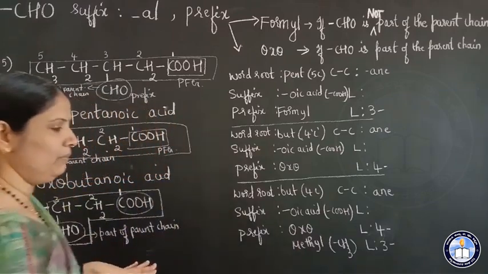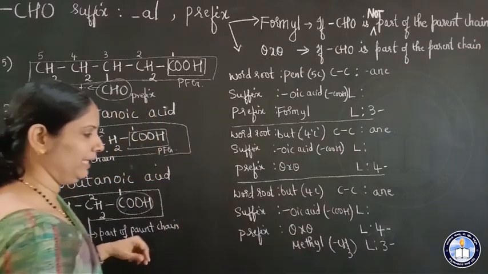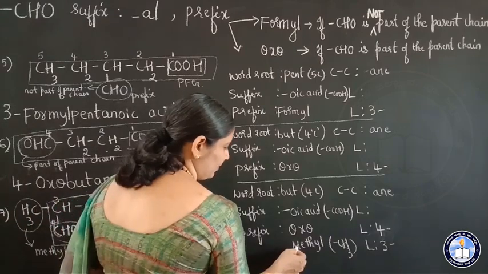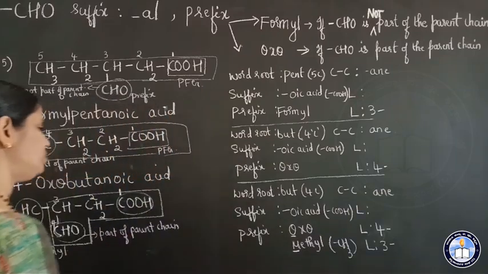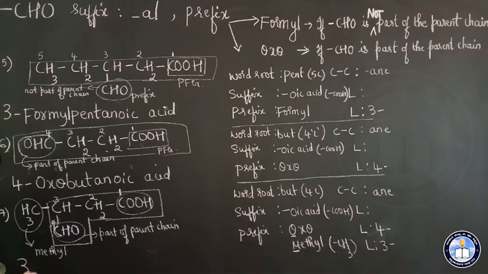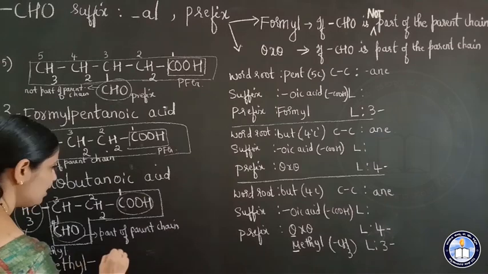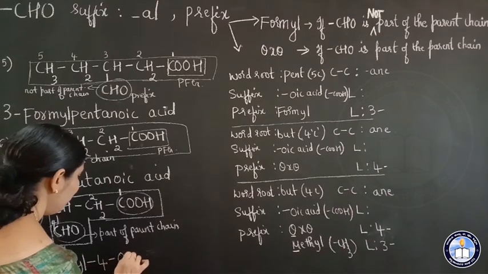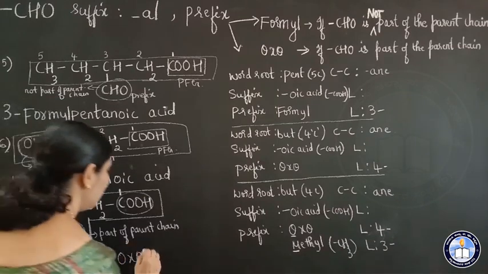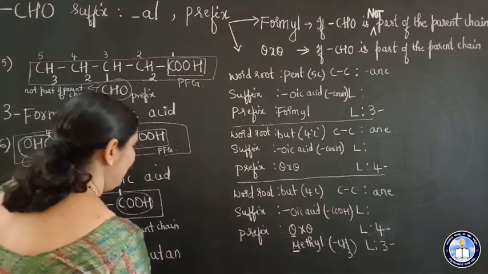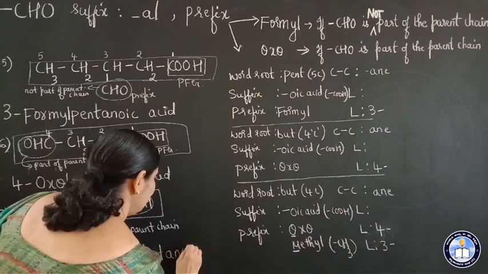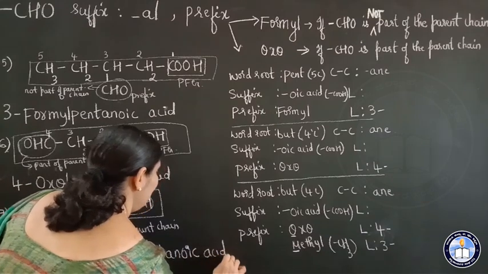So while writing the name, you have to write it in the alphabetical order. M comes first in the alphabetical order, then later O. So first you write methyl, that is 3-methyl. Now next oxo, dash, locant is 4, 4-oxo, word root is but, ANE is removed and you write oic acid.